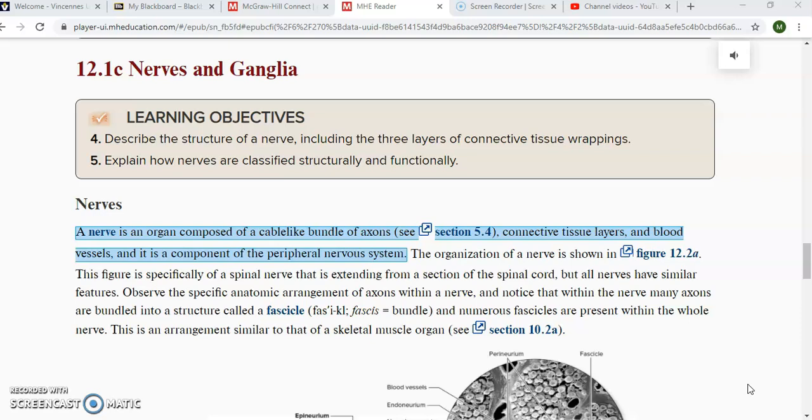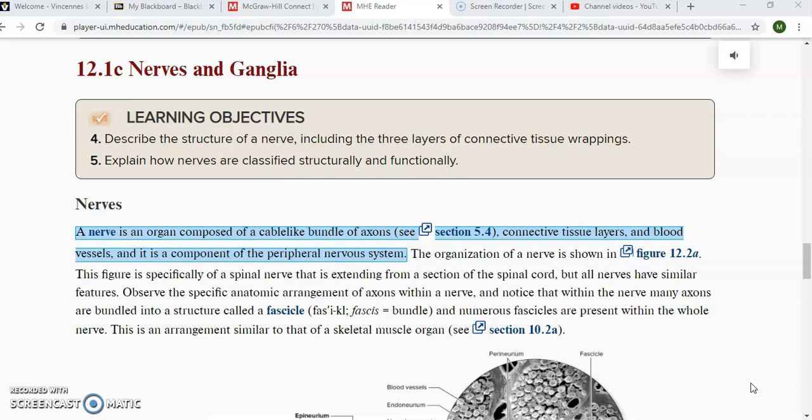And when you're in lab, if you go up and look at the plastinate man, you can visibly see quite a few of his nerves running throughout his body. But what we want you to know is what those nerves are composed of. The nerve contains mainly the axons of many neurons, like thousands of neurons.